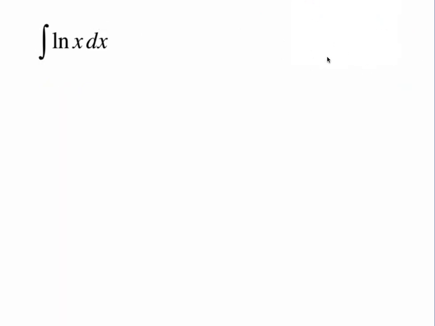Next we've got this integral, and it looks like there's only one function here, so there's nothing to call u and dv. There's no way to separate this into two functions, but actually you can separate it into a function 1 times ln x dx. Now if you look at ln x, obviously that's easy to differentiate, so you want to let u equal ln x, and then dv equals 1 dx.